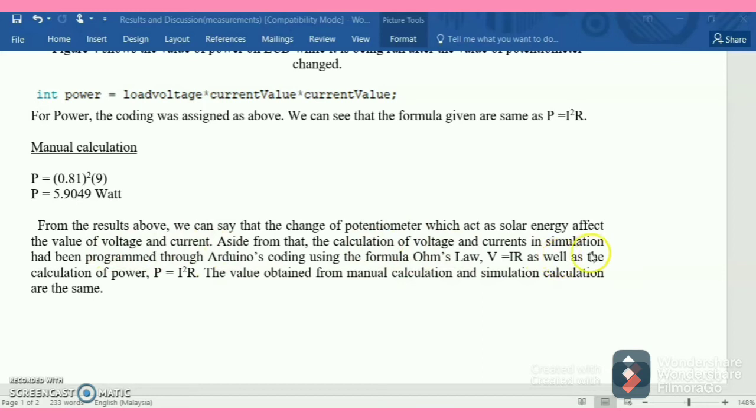The calculation of voltage and current in simulation had been programmed through Arduino coding using the formula Ohm's law V equal to IR and power P equal to I squared R. The value obtained from manual and simulation calculation are the same.